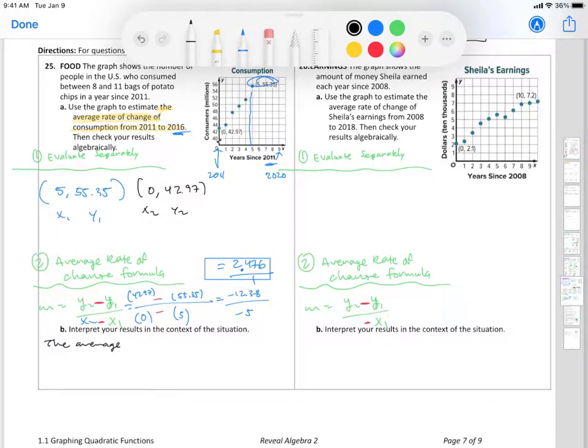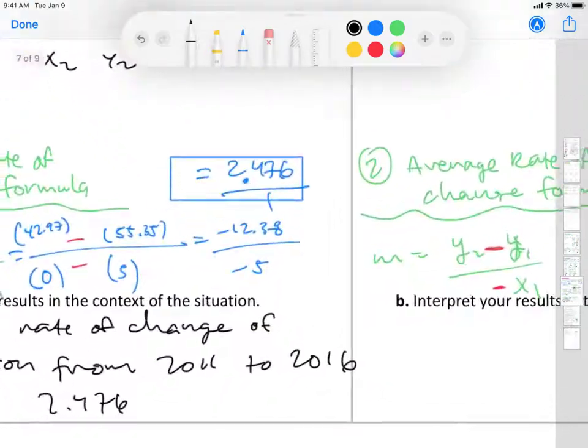The average rate of change of consumption from 2011 to 2016. All of those dots are going up in a positive direction. So we can say increased $2.476, looking for context here.